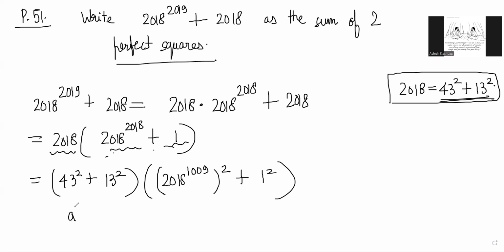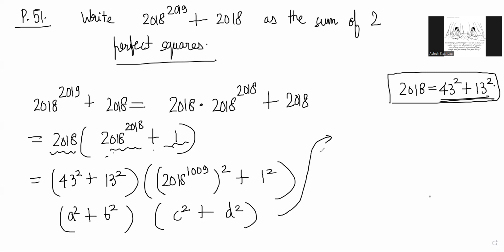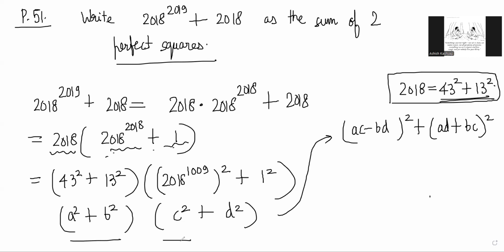We can say it is a square plus b square times c square plus d square. And I have explained this before. This is called Lagrange's identity. This can be written as AC minus BD whole square plus AD plus BC whole square. A square plus B square times C square plus D square is equal to this. Everybody can check this.